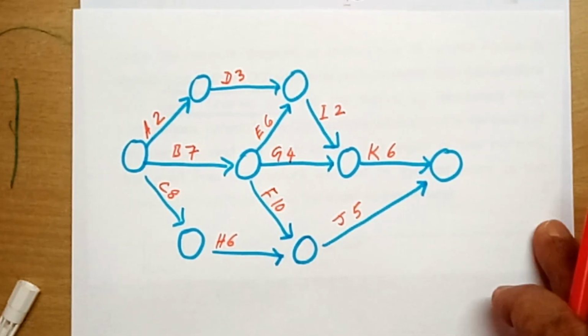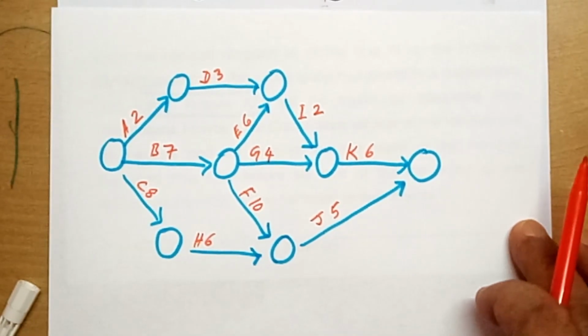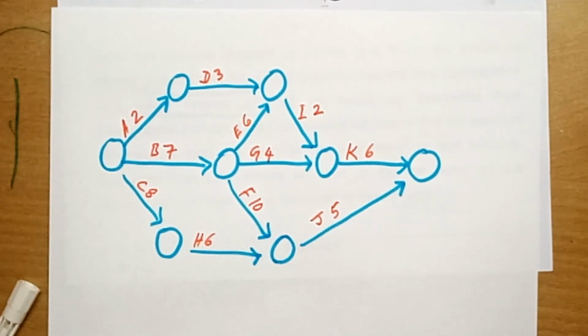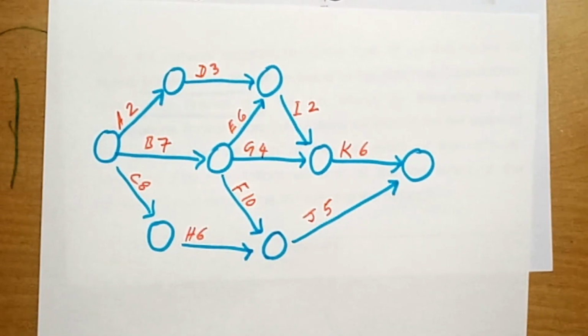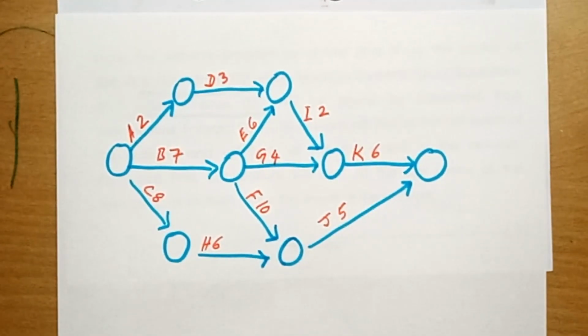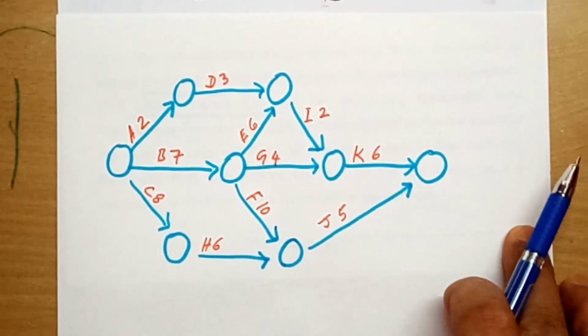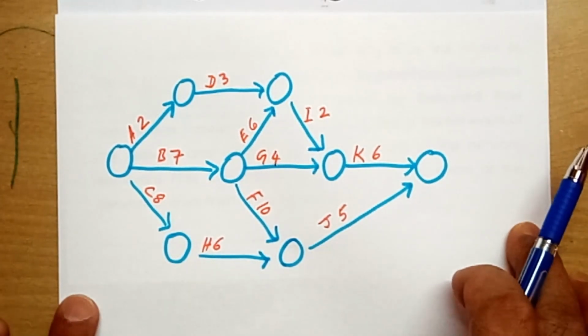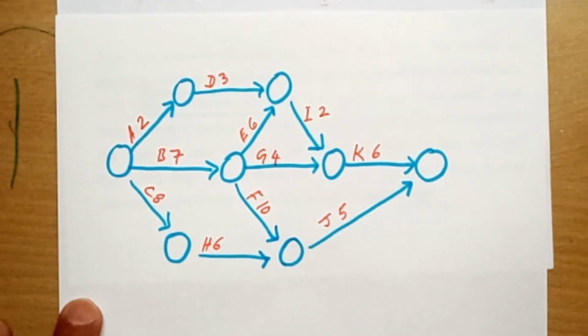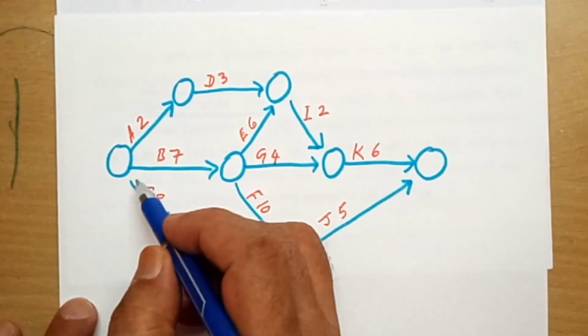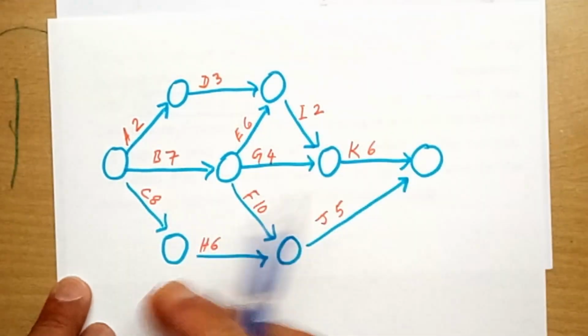Okay. Now put the node numbers inside the circles and try to find out the earliest start and latest finish by using forward pass and backward pass calculation. So put the node numbers first. I told you you have this T shape.